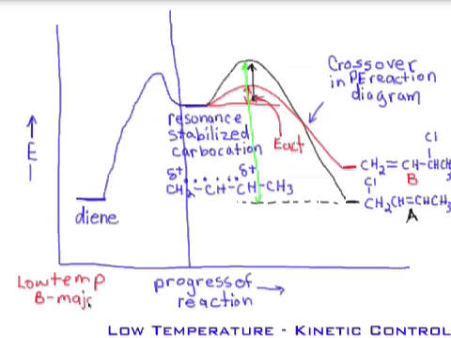But what happens as you raise temperature? Initially, very little. There may be some change, but as you begin raising temperature, more and more molecules start getting enough random kinetic energy to follow the reverse, overcome this green energy of activation arrow. Now, what's interesting is the reverse energy activation for the red guy is smaller.